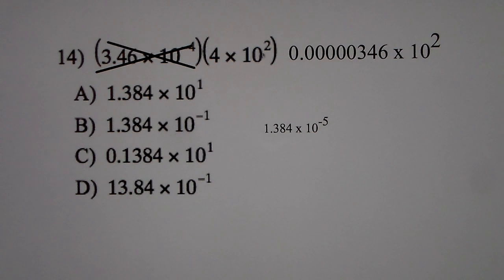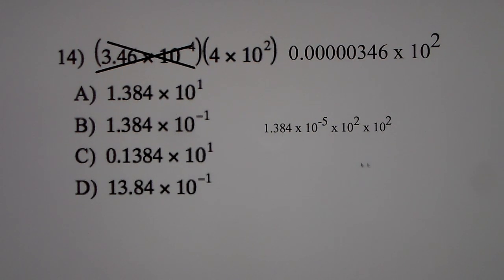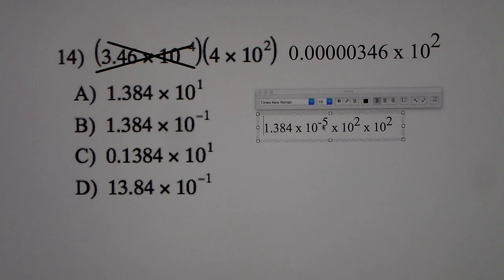Now we got to bring down your times 10 to the power of 2 times 10 to the power of 2. You add up all the powers, negative 5 plus 2 gets you negative 1.